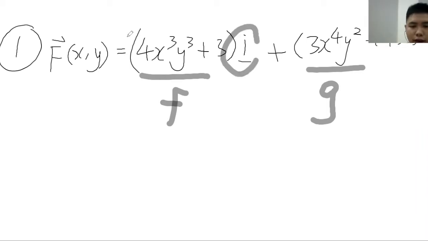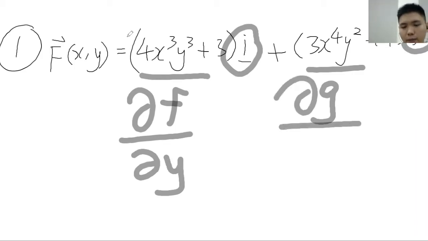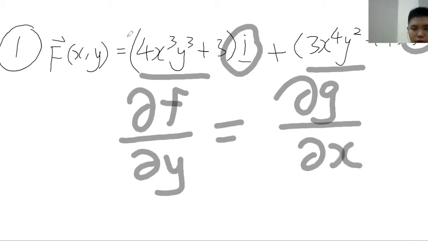If this is in terms of i, meaning x, then we partially differentiate it with respect to the opposite, which is y. And if this is in terms of j, meaning the y-axis, then we partially differentiate it with respect to x. Both sides should be equal to each other.